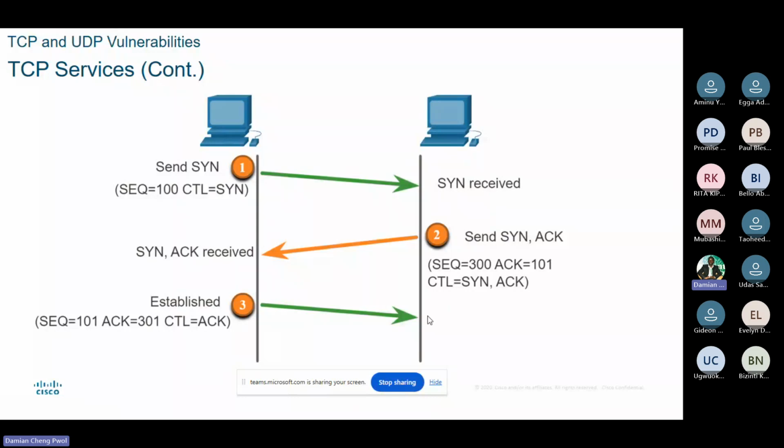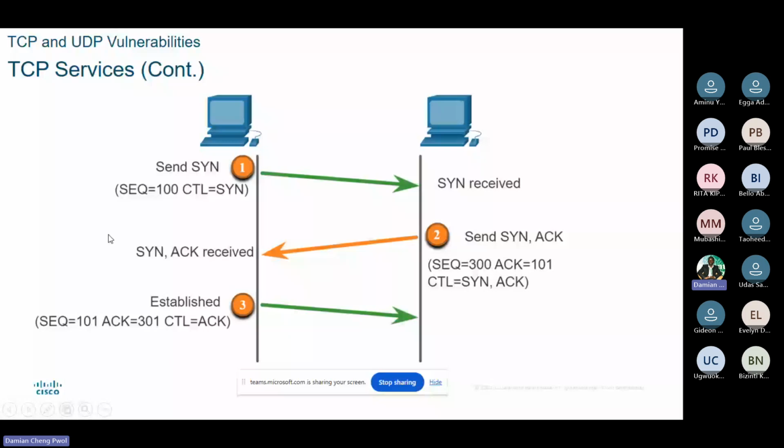Here you can see the sequence. For this guy sending a message, it starts with a sequence number of 100. When he sends the next one, to establish the communication, you can see the sequence number has changed to 101. It started from 100, then you have 101.